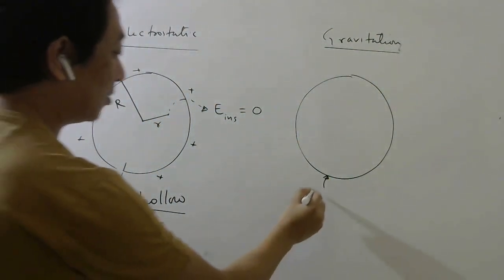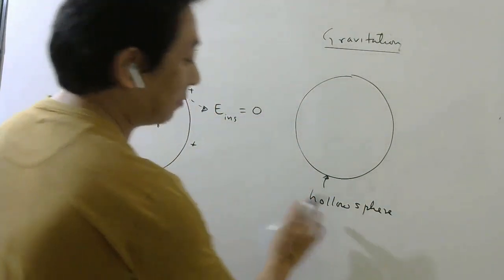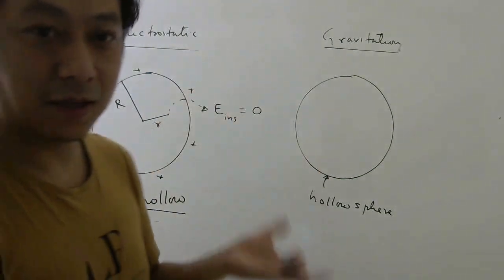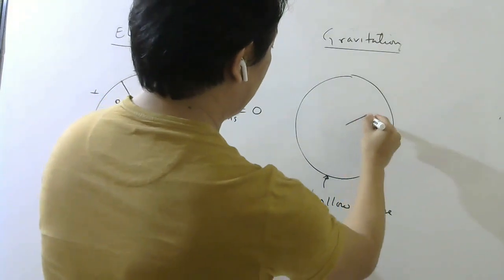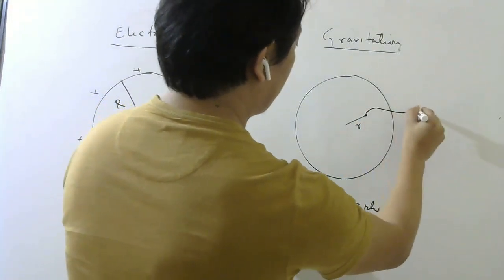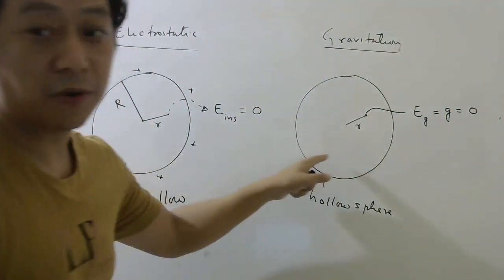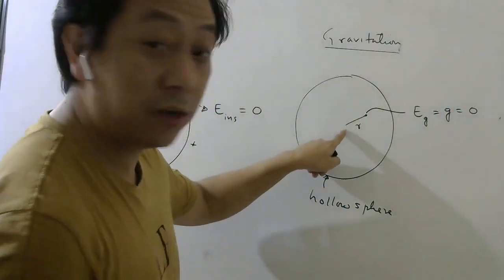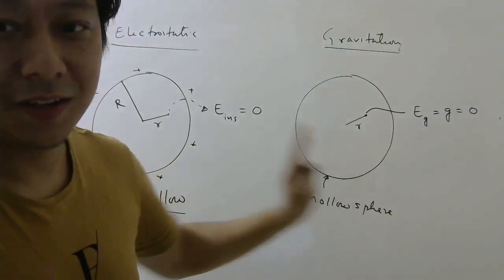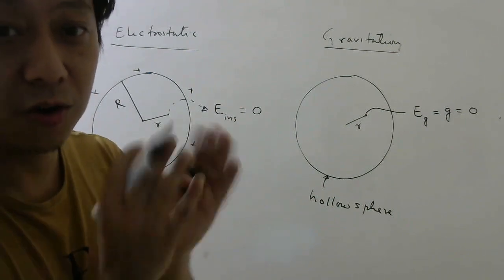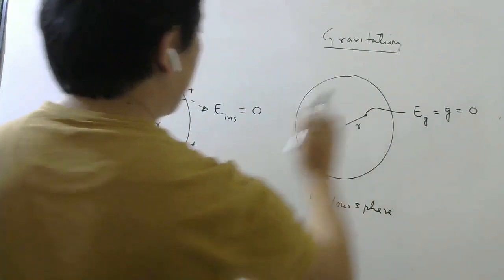So if it is a hollow sphere, and don't forget to write these names, because everything in the diagram will look like a circle only, then at any distance r inside, the gravitational field G will be 0 at any point, not only at the center. That was for solid mass, which I will tell you now. First, I am doing for hollow mass. Inside nothing is there, it is a hollow sphere, so gravitational field inside is 0.